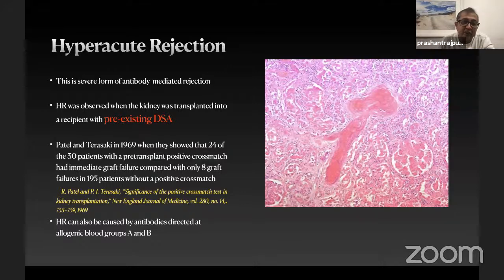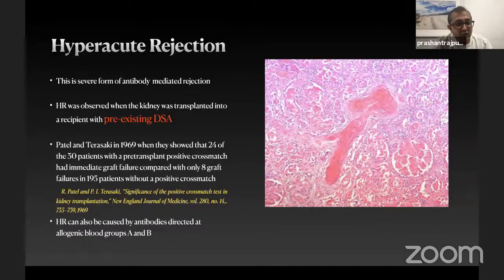Probably she had a very low level of antibodies, which was missed on a CDC cross match. And since the sister and the mother shared, I think, a single antigen, probably she had a DSA to that specific antigen, and this patient eventually developed hyperacute rejection.